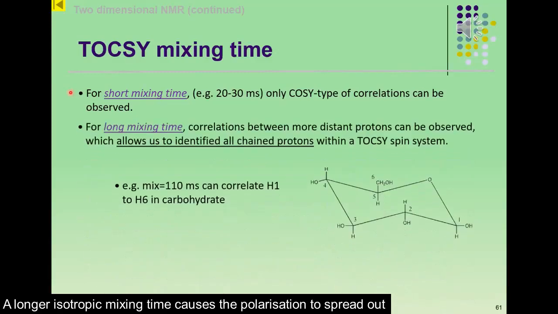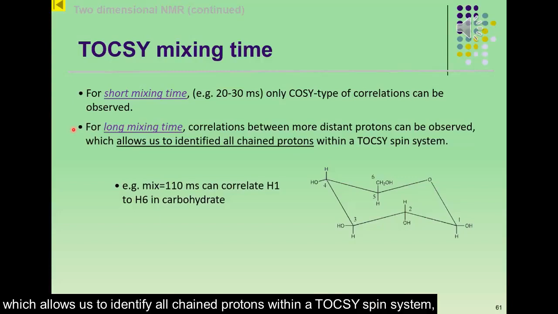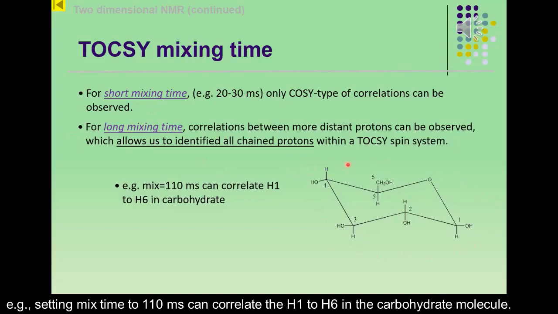A longer isotropic mixing time causes the polarization to spread out through an increasing number of bonds, and hence, for long mixing time, correlations between more distant protons can be observed, which allows us to identify all connected protons within a TOCSY spin system. For example, setting mixing time to be 110 milliseconds can correlate the H1 to H6 in a carbohydrate molecule.